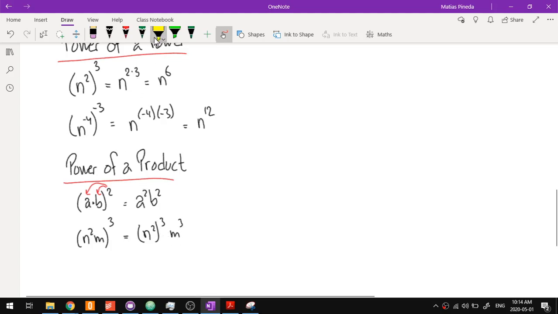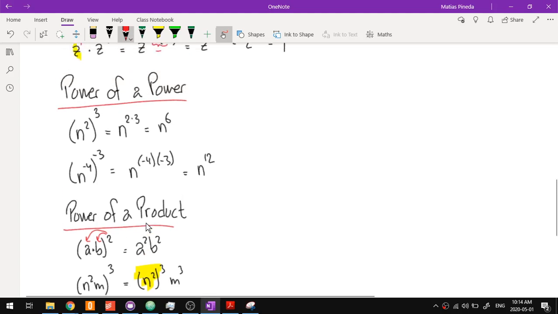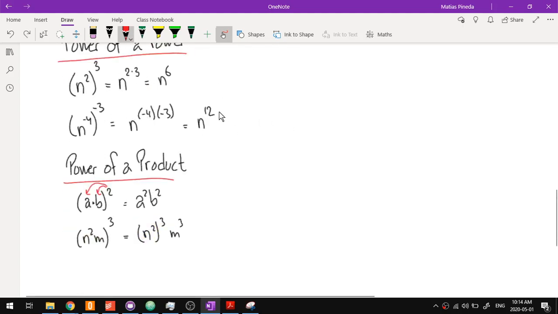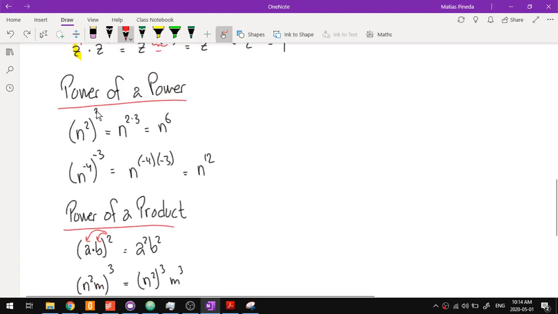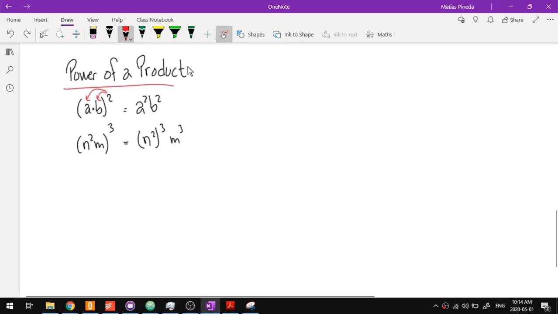And now we may recognize that this expression here can be simplified by using the power of a power law right here. So if we do that, we're going to apply the power of a power law here, which means we're going to multiply the 2 exponents, so n to the squared times 3.